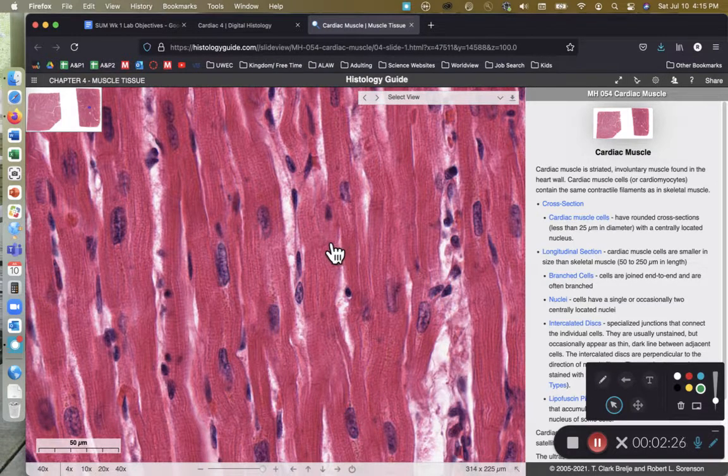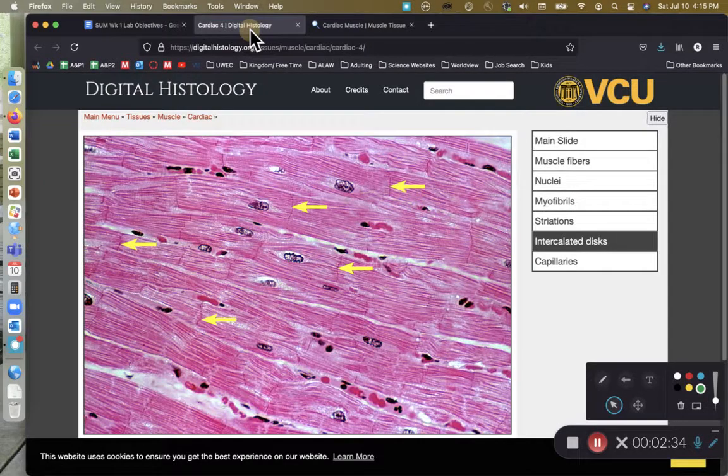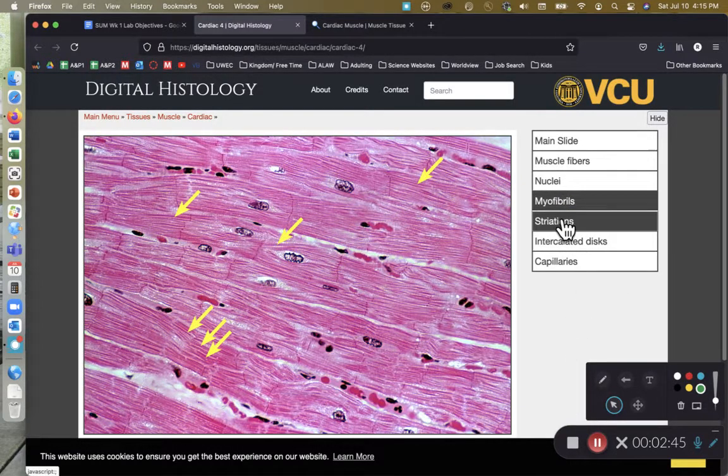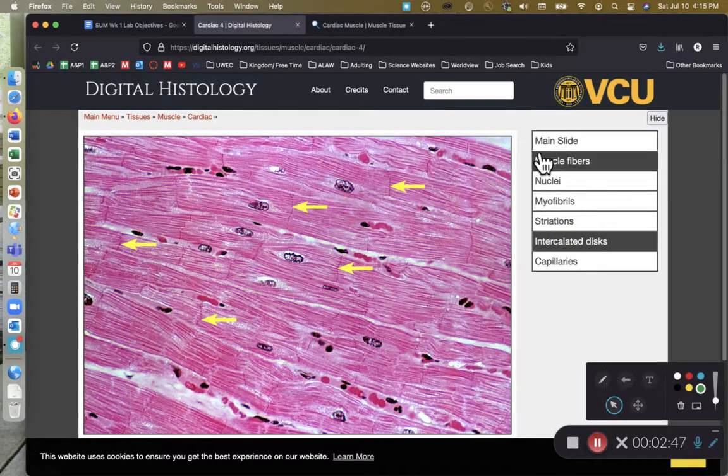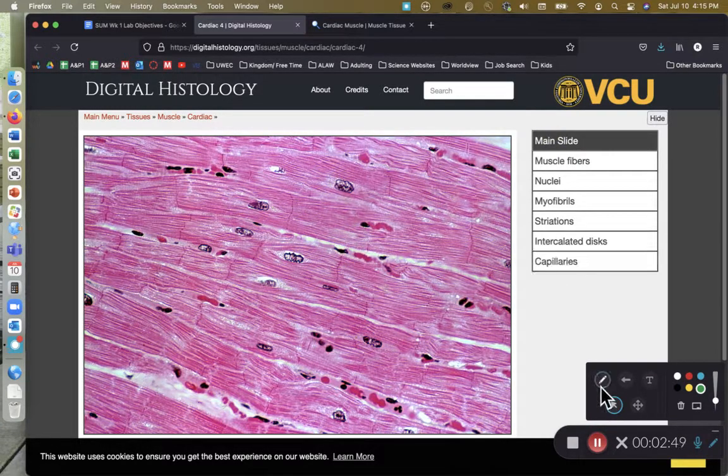And because it's difficult to see these intercalated discs, I can have one right there at the tip of my pointer. Because it's so hard to see them in this photomicrograph, I'm going to skip back to digital histology so that I'm going to emphasize for you those individual heart muscle cells. Let's just go to the main slide right there.